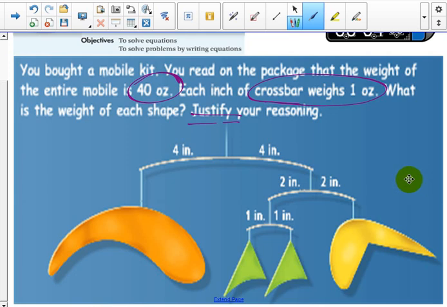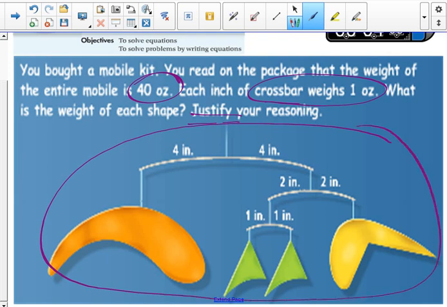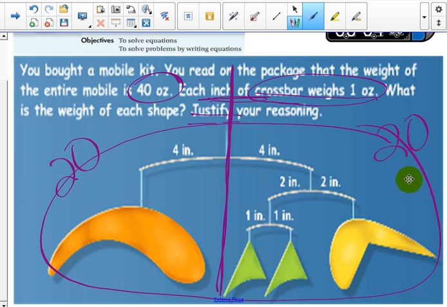But let me give you a push start on this. If it tells you this whole thing is 40 ounces, and it tells you that each inch of the crossbar weighs 1 ounce, well, if this is 40 ounces and this is hanging evenly, then doesn't it mean that this side is 20 ounces and this side is 20 ounces?